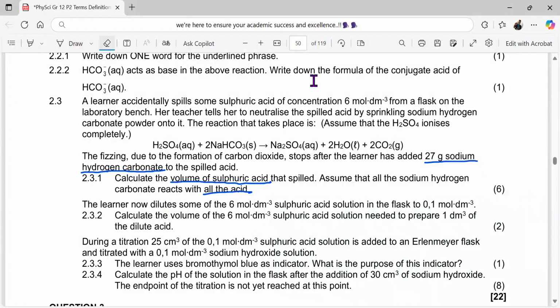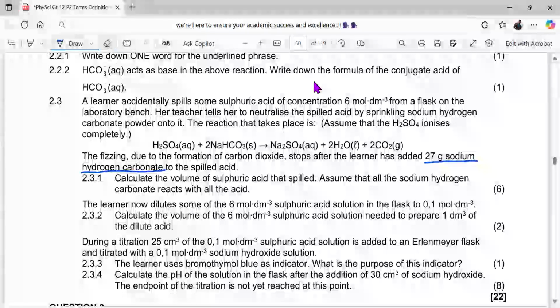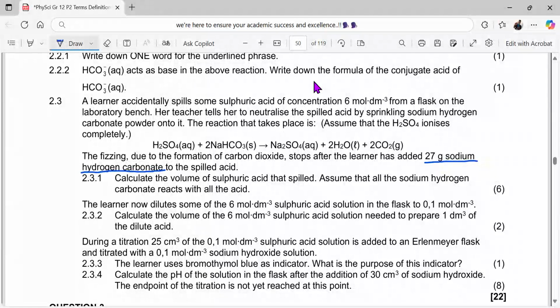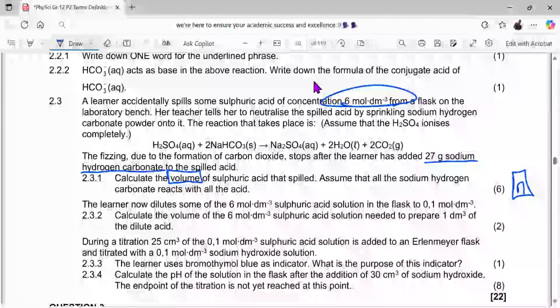We also don't have an excess reagent in this case. So what I want you to realize is in order for you to find the volume of sulfuric acid, all that you need is the number of moles. Why? Because the concentration is already given to you.